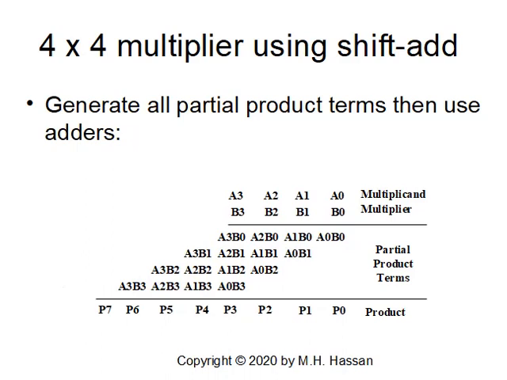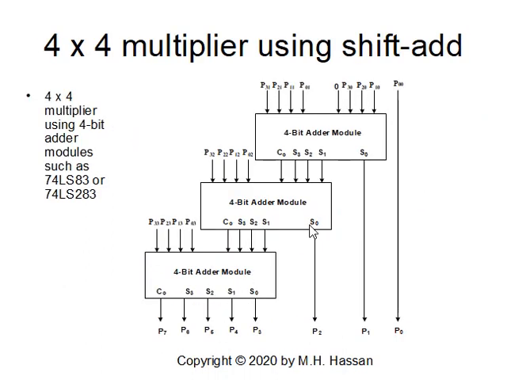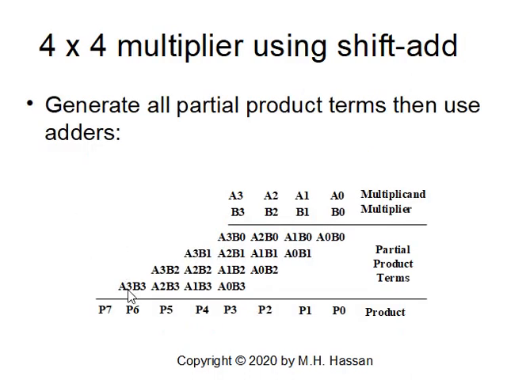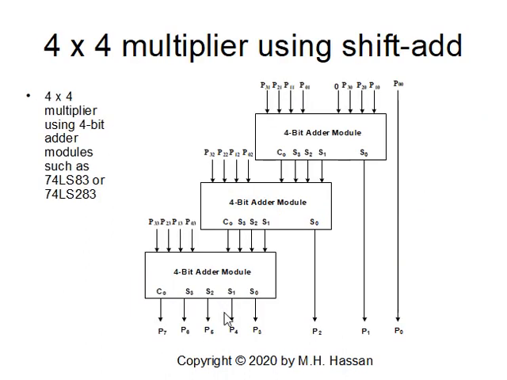Again, the second module will give me the sum as P2 and S1, S2, S3, and the carry out to be added with the last set of partial product terms, which is A3, B3, A2, B3, A1, B3, A0, B3. The outcome will be the product bits P3, P4, P5, and P6, and the carry out will be P7.